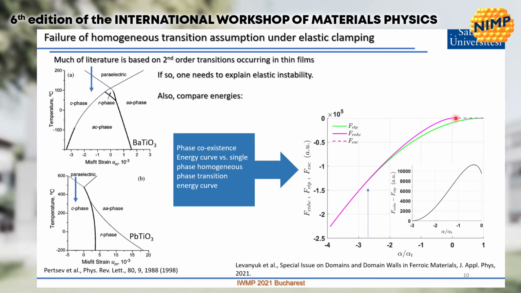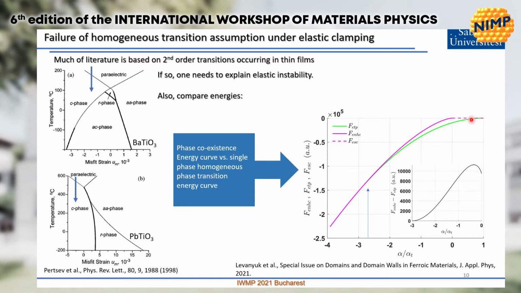But if you have phase coexistence, then you can intersect the phase coexistence curve, which indicates a first order transition, but proceeding inhomogeneously, meaning you have regions of this low symmetry phase. So you meet this curve earlier. That means your transition will probably happen way before the temperature at which the second order transition occurs.